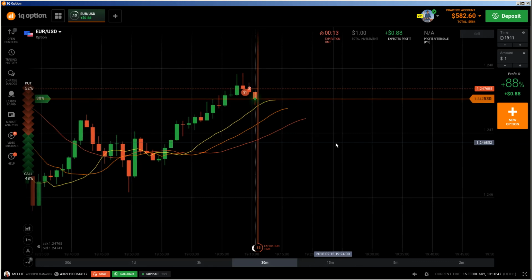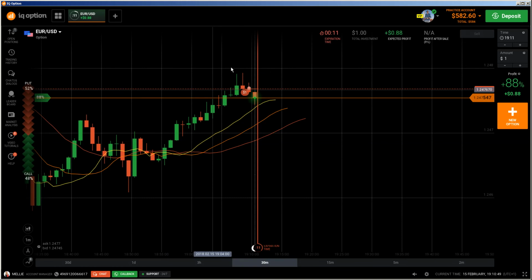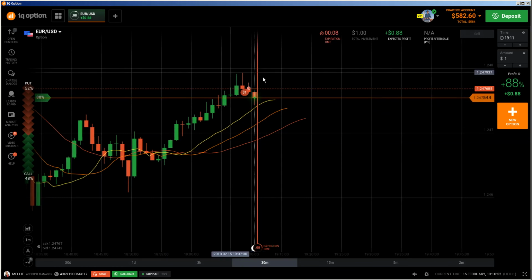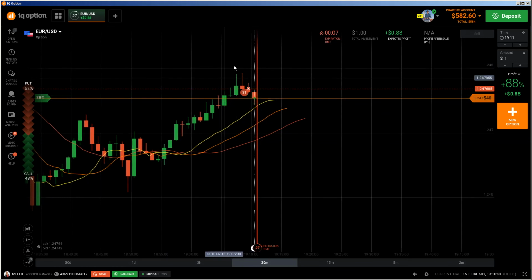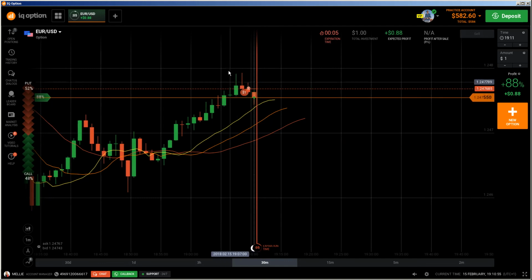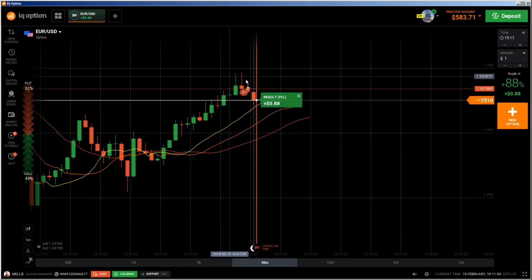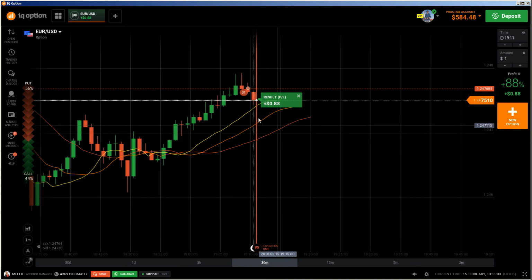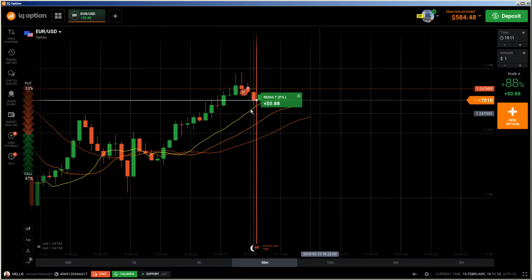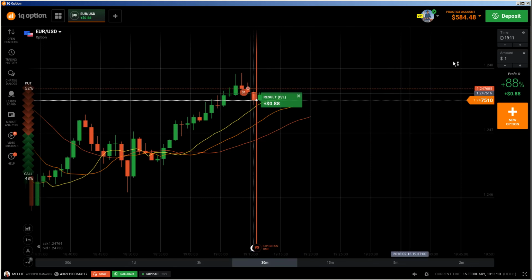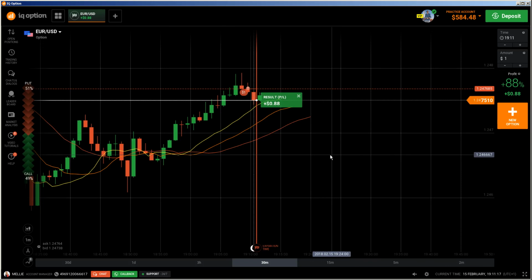But you see, everything is clear if you understand price action, and if you understand the candlestick pattern. Yes, this was the tweezer's top here, for example. Yes, and I told you on the tweezer's top you can enter without any confirmation, and like you see, I waited, but I could also enter here without any confirmation. It was mostly because the purchase time didn't let me purchase at this time.